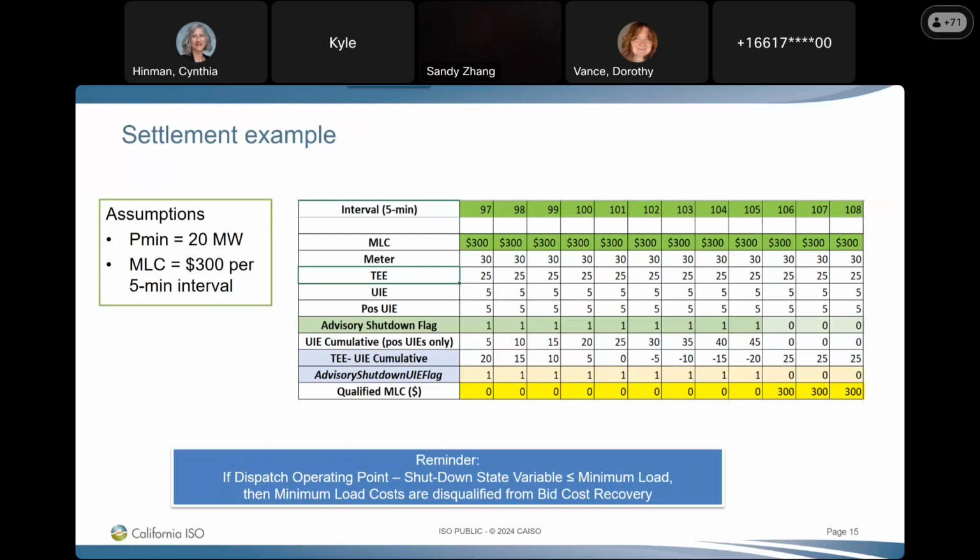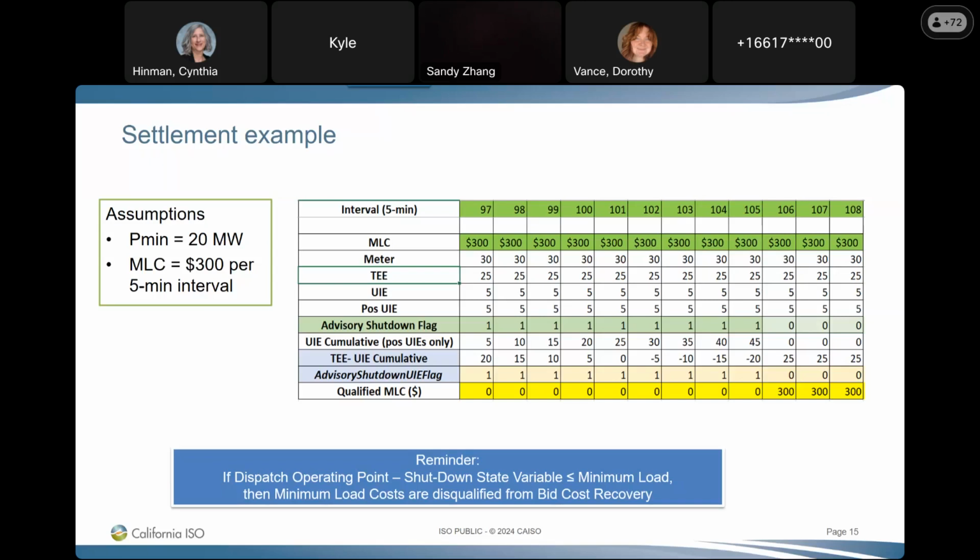And if you look at the bottom, you can see the dispatch operating point rule, this is from the tariff, just copied here again. If the dispatch operating point minus the shutdown variable is less than or equal to minimum load, then the minimum load costs are disqualified from bid cost recovery.